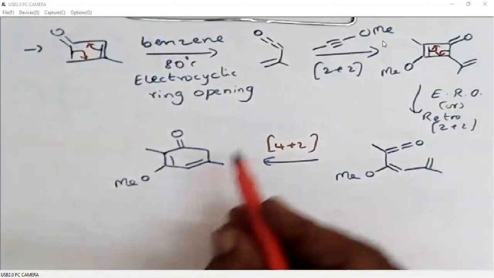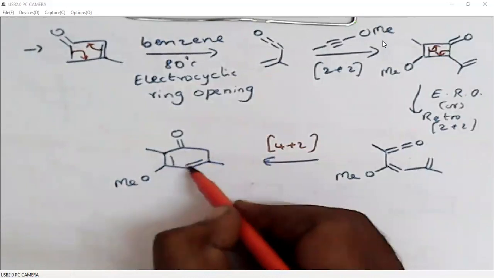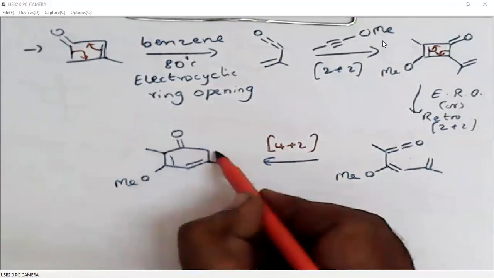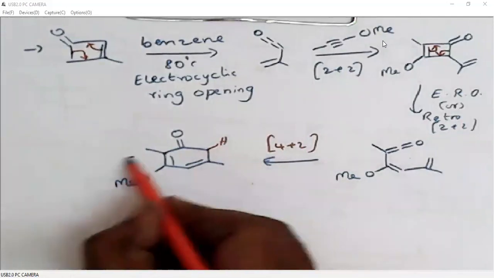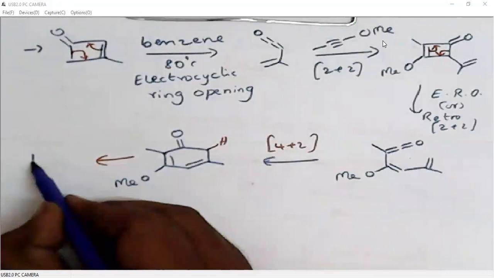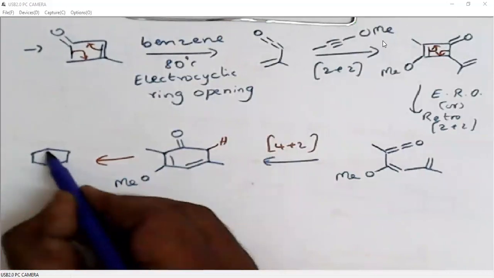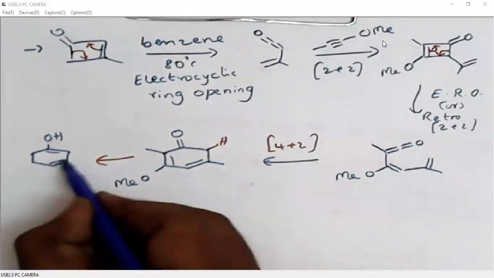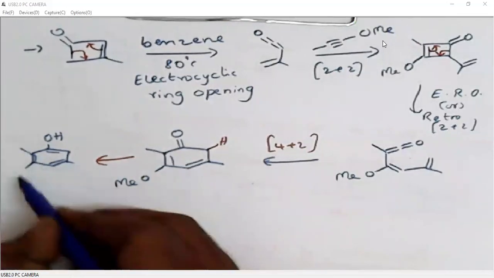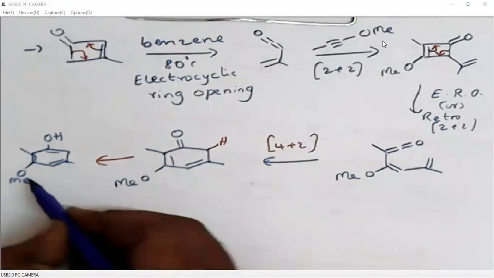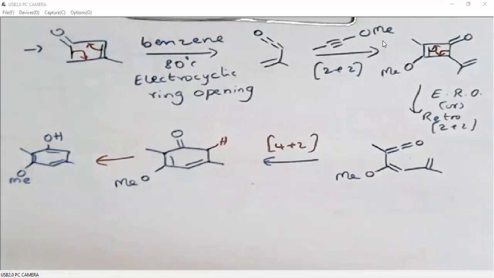This is unstable because we have 2 double bonds and we also have one more carbonyl. So this carbonyl can easily undergo tautomerization. When it undergoes tautomerization, it generates a stable aromatic system. So this fellow will immediately undergo tautomerization to generate this aromatic system. This is the final product.